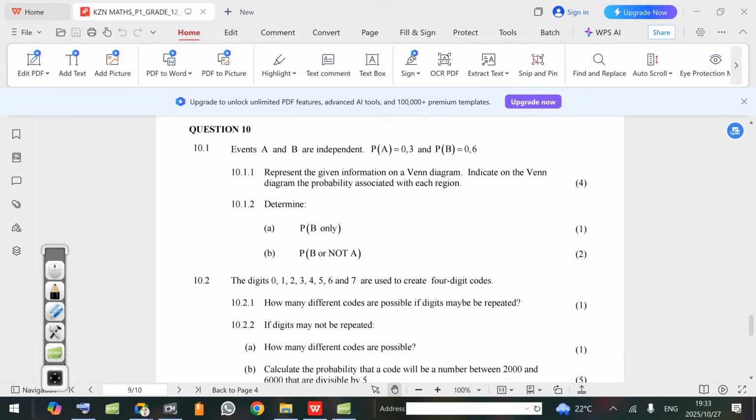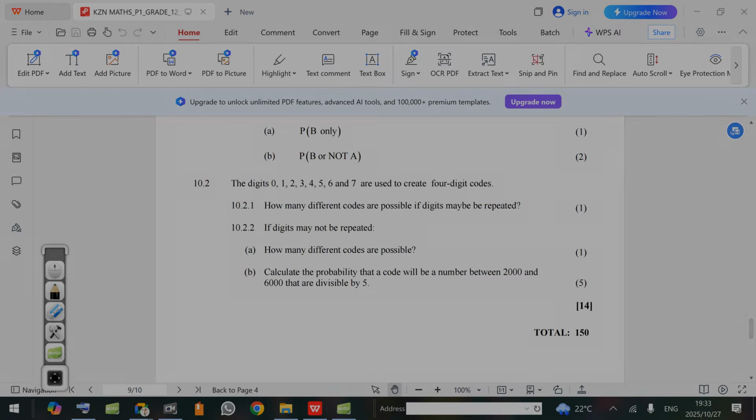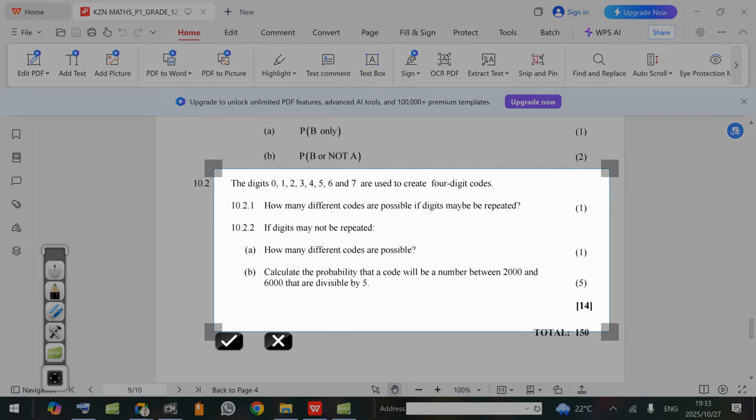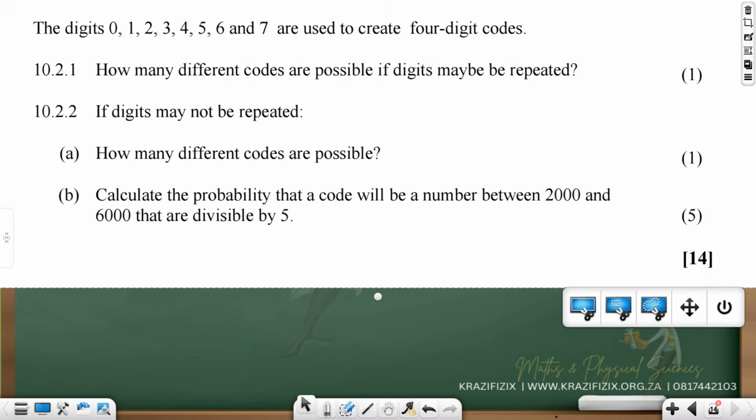Let's see. We're going to look for one or two more. But I want us to deal with counting principle quickly. Part of probability. And this one is a code. The digits 0, 1 to 7 are used to create 4-digit codes. Please give me the first one. Everybody must get 1 mark.